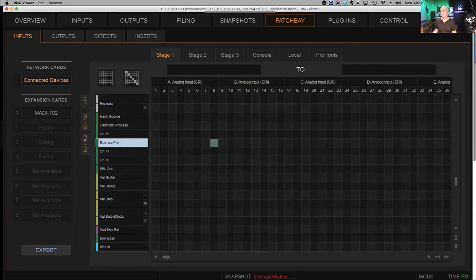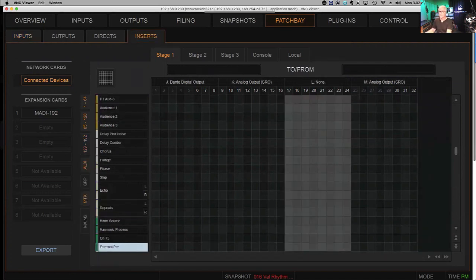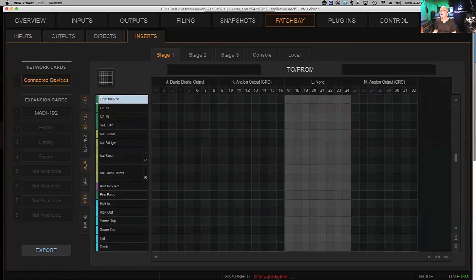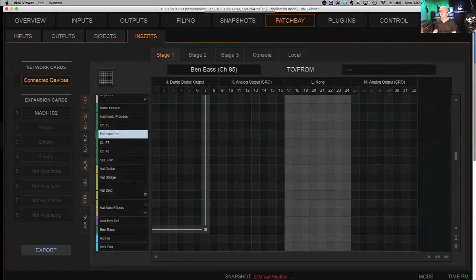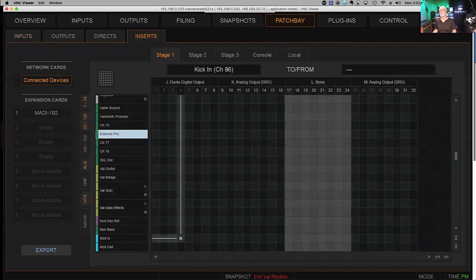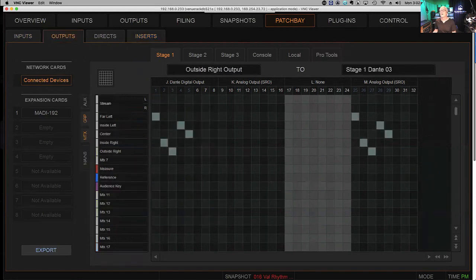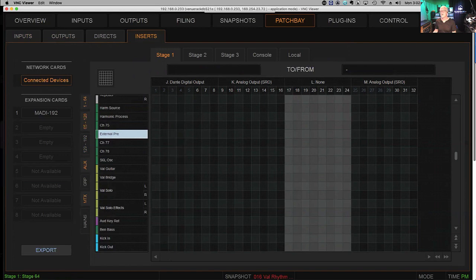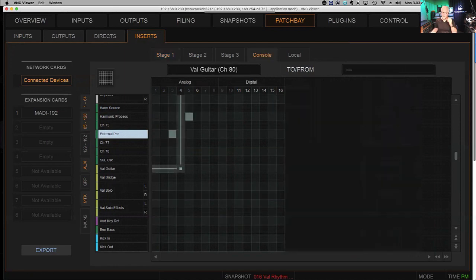All right, so in terms of insert return, or inserts here, why don't I see you there? What's going on there? Oops, sorry, my bad. Gotta go here, okay. So I'm bringing this in on the back of the console, and I'm using XLR number 3 as my injection point to the hardware return, okay?